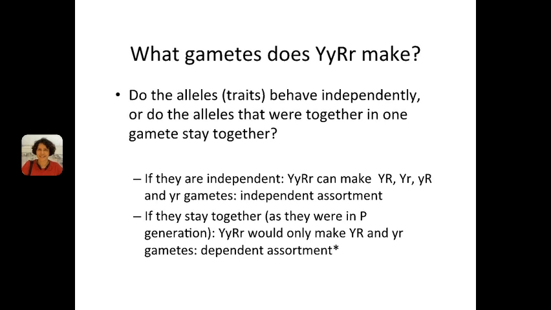In other words, if you have a heterozygous parent, like in this case big Y, little y, big R, little r, do the two Y's segregate independently from the two R's?